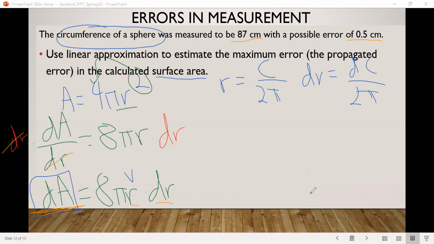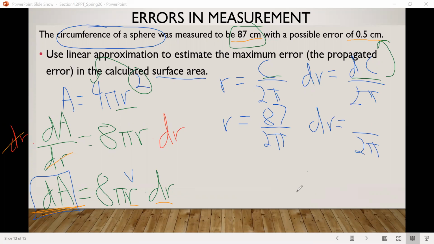Right? And we can actually plug in numbers for that. For r, we know the circumference of the circle was measured to be 87 centimeters. So we actually have that r equals 87 over 2 pi. And for dr, well, the dc, that's going to be our error in measuring the circumference, which was 0.5.